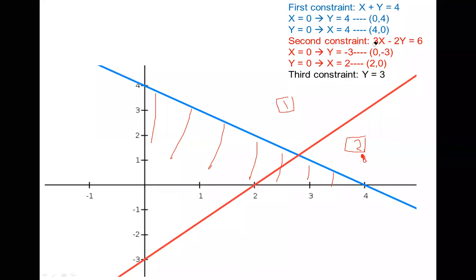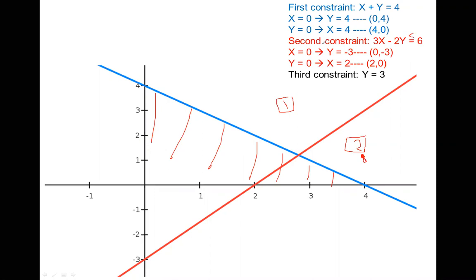I have to confirm this point. The second constraint is 3x minus 2y less than or equal, not greater than. I have to confirm that the constraint was 3x minus 2y less than or equal to a value 6.